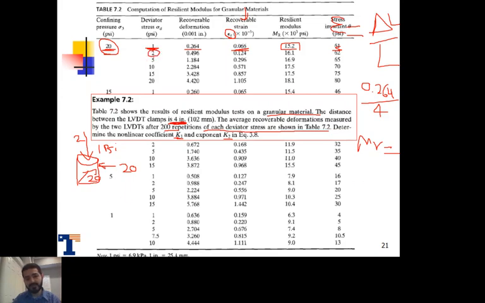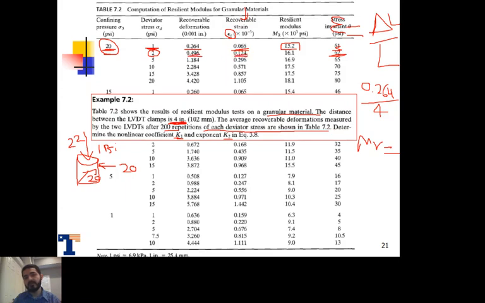I'm going to draw the same sample here. We're going to have 20 on this side, 20 on this side, but guess what? Now we're going to have 22 on the top. So we're going to have 20 plus 20 plus 22, and that's why we have 62 as a stress invariant. This is going to be measured.